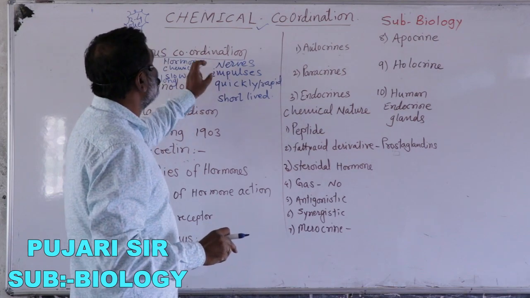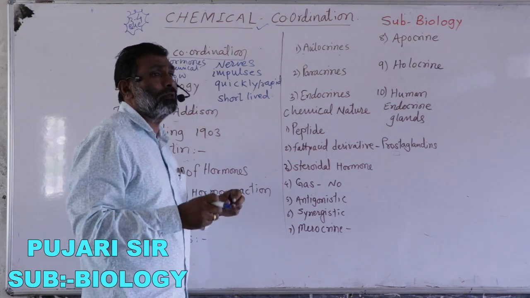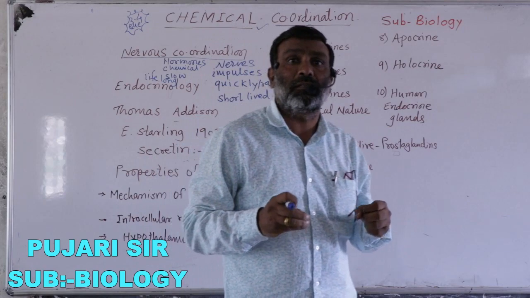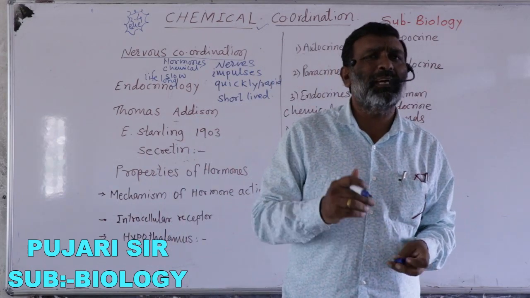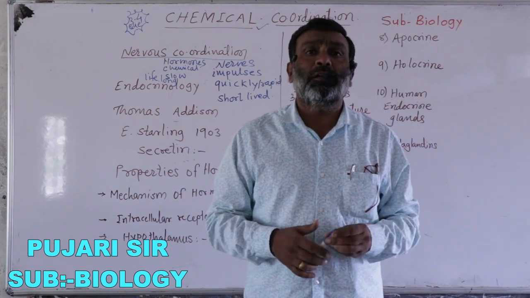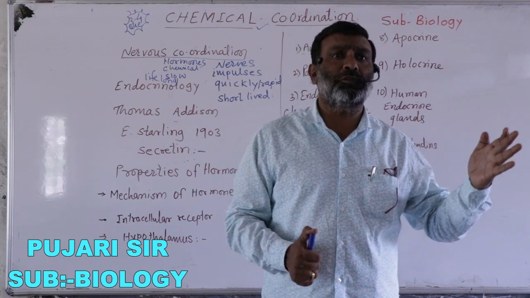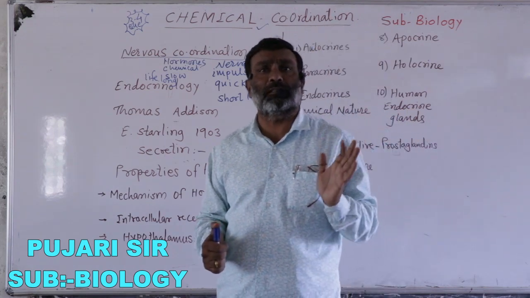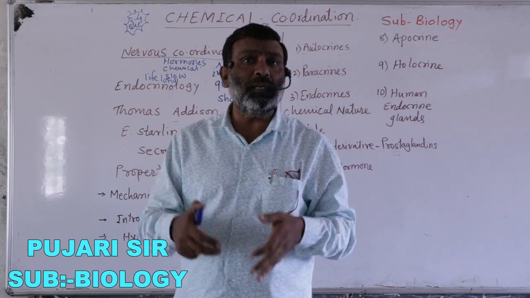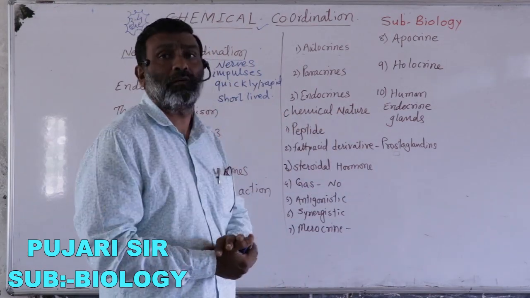So two important types of coordination occur in the human body. The question that may arise in the mind is, if control and coordination is performed by the nervous system, then what is the need of this chemical coordination?